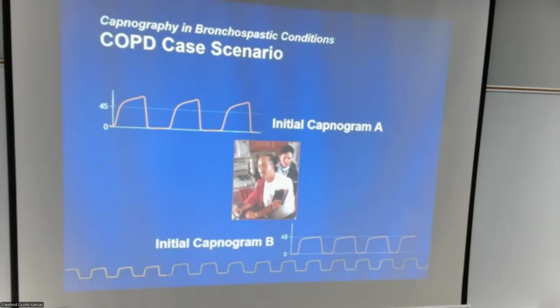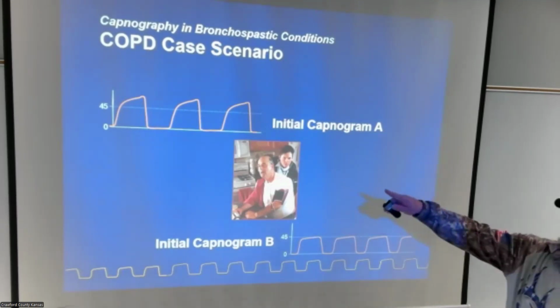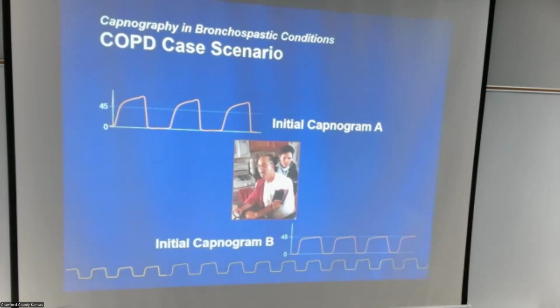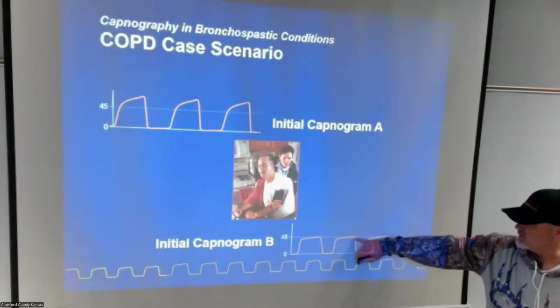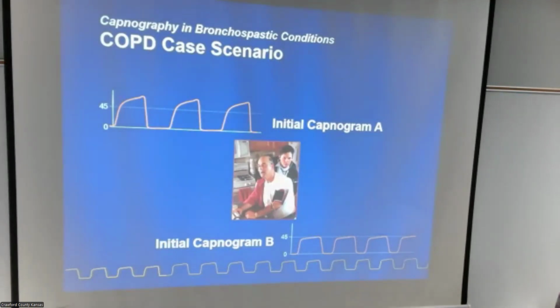Once again, as we talked earlier, you're going to have that shark fin aspect still because of uneven emptying. And then, like I said, once we have a treatment, hopefully it comes back down. Even this one, you can see it's not quite shark fin, but you still have that plateau that's altered.